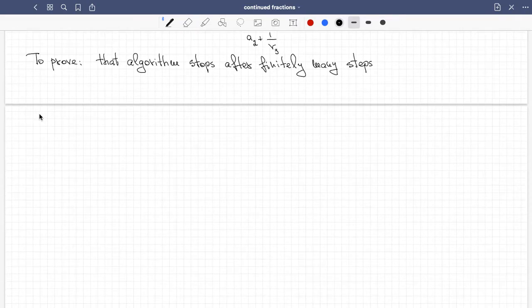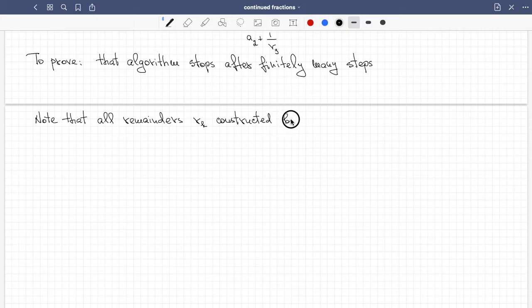So note that all remainders constructed by the algorithm are positive rational numbers.